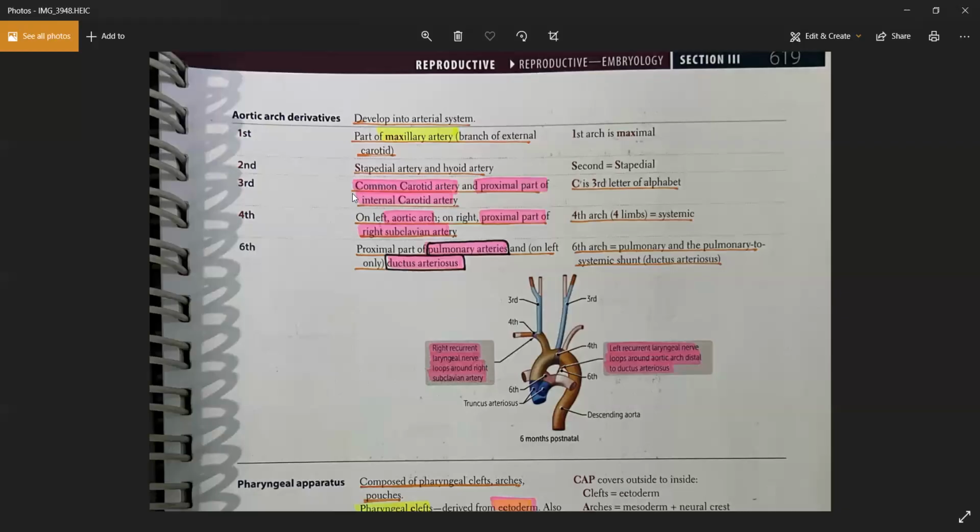They can give you a patient with atherosclerosis in the internal carotid artery, with a history of transient stroke, and ask which arch the affected artery derives from. It will be the third arch, meaning the common carotid and internal carotid arteries. They give you these patients and ask a very basic thing about the aortic arches, so you need to remember which aortic arch forms which artery.